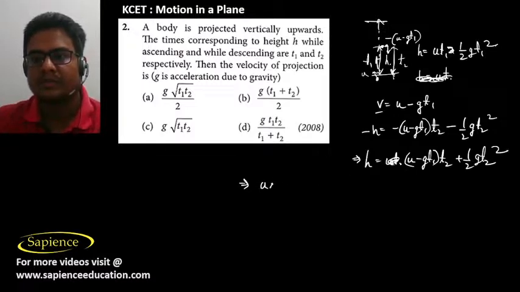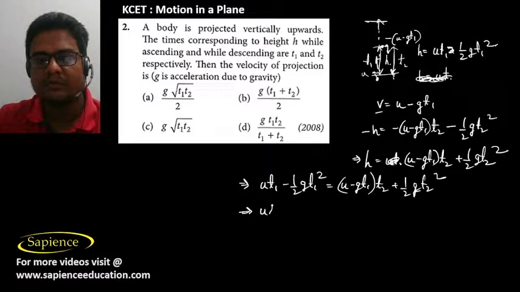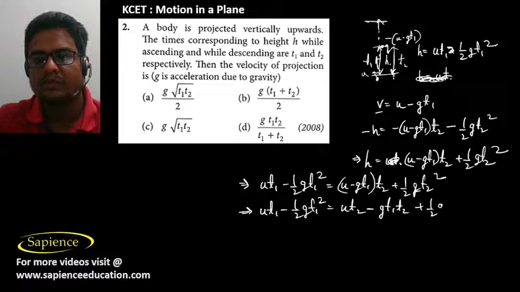So therefore we can say that ut1 minus half gt1 square is equal to u minus gt1 into t2 plus half gt2 square. If we solve it, we get ut1 minus half gt1 square equal to ut2 minus gt1 t2 plus half gt2 square.